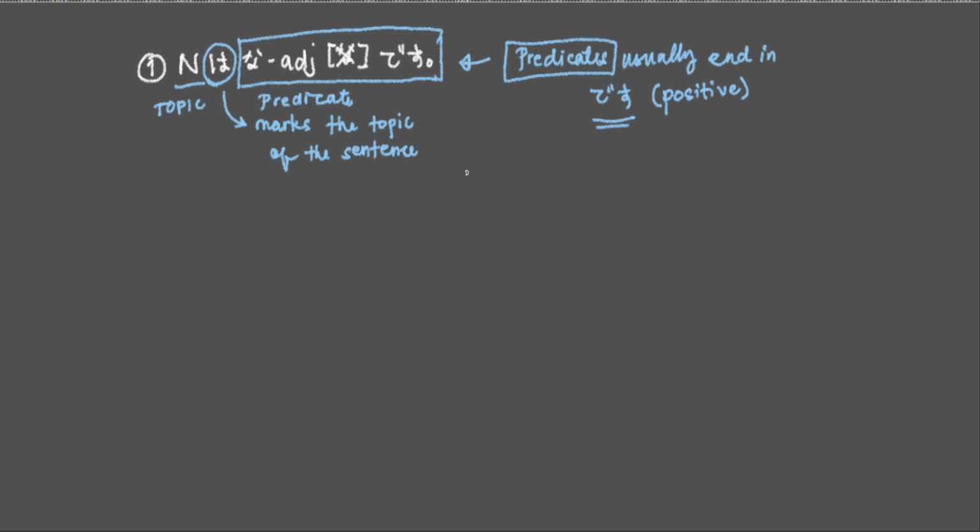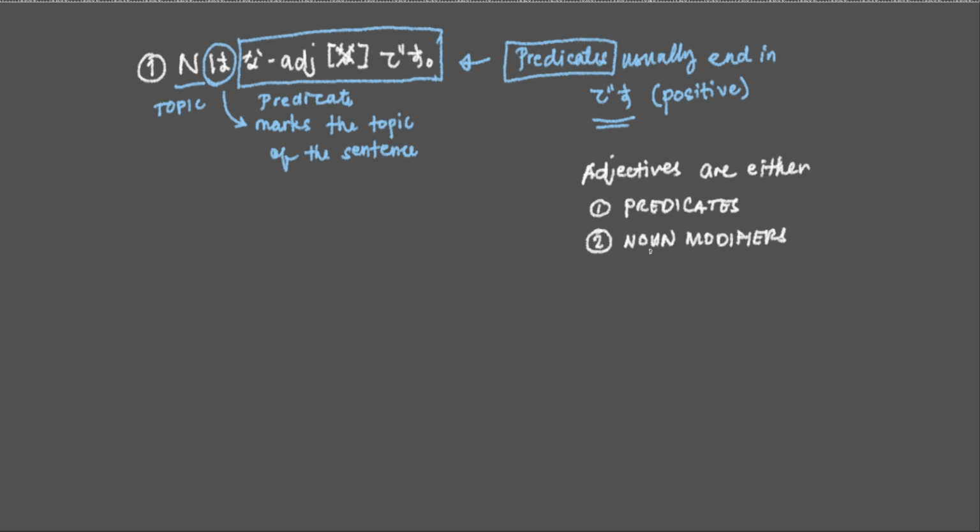So again, there are two uses of the adjectives. Adjectives are either used as predicates or used as noun modifiers. We will explain the noun modifiers part later, but for now we are going to focus on this.